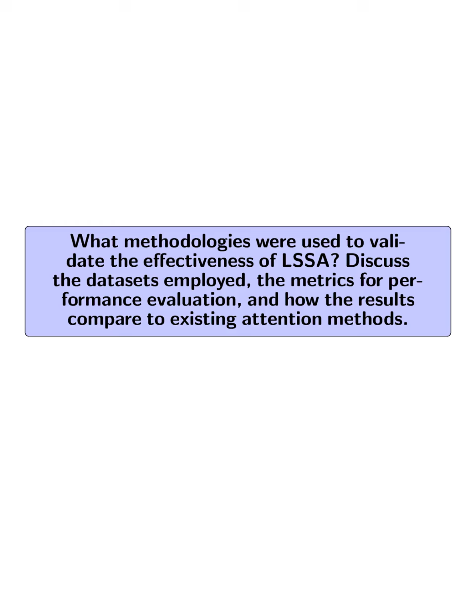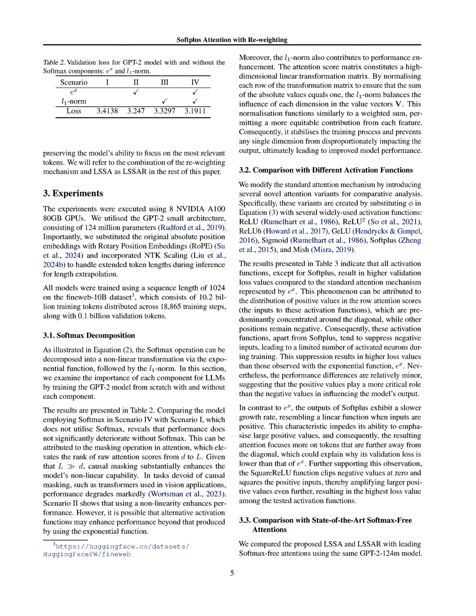What methodologies were used to validate the effectiveness of LSSA? Discuss the datasets employed, the metrics for performance evaluation, and how the results compare to existing attention methods. The effectiveness of the length-scaled Softplus attention, LSSA, was validated through empirical testing using the GPT-2 small architecture, which consists of 124 million parameters, trained on the FineWeb-10B dataset containing 2 billion training tokens.